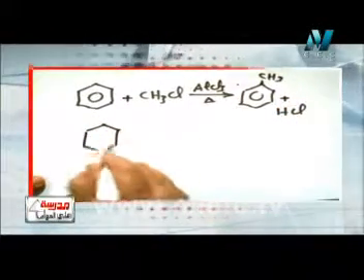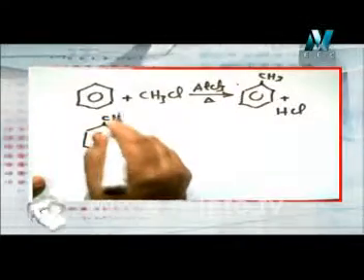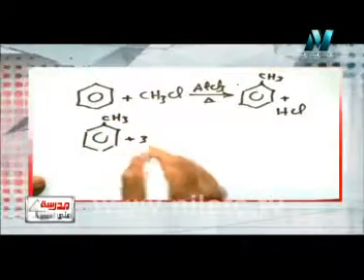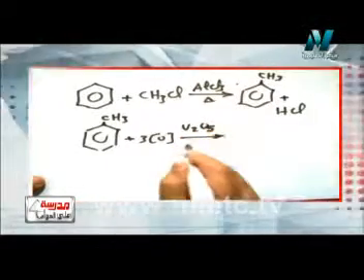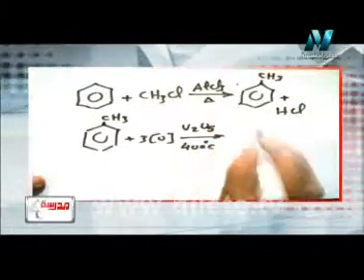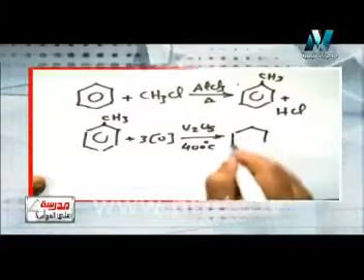And then by oxidation of toluene, C6H5CH3, 3 oxygen, in presence of vanadium pentoxide at 400 degrees Celsius, it gives benzoic acid and water.